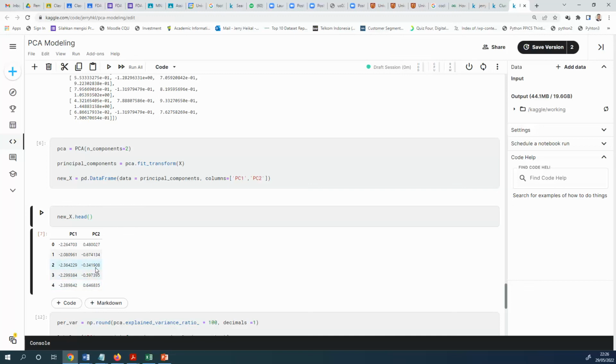Or if you are using financial ratios for the cluster, let's say you have 20 ratios, you can reduce the dimension into 2 dimensions to generate the clustering using 2 or 3 dimensions.